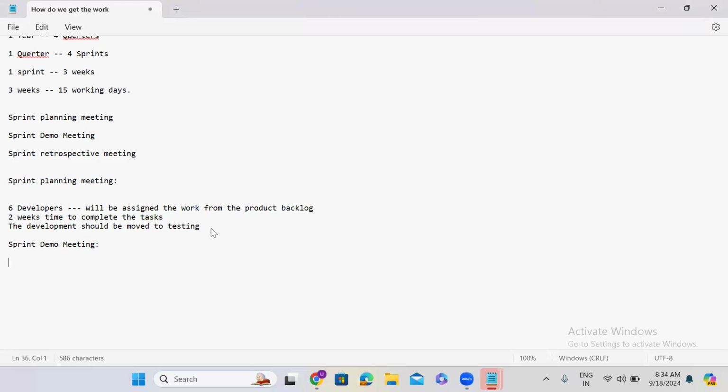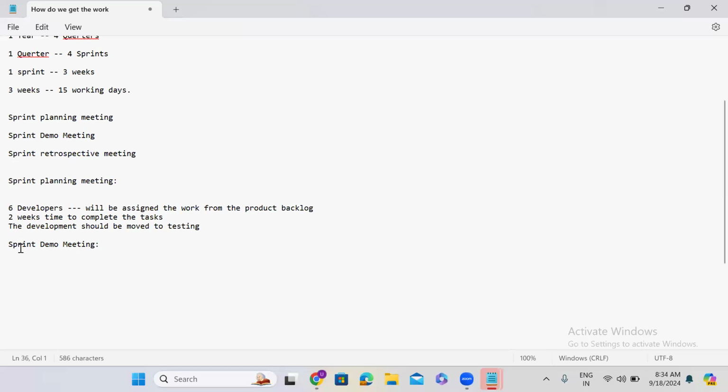In this sprint demo meeting, every developer shows what he has done. What the developer has done so far should be shown to the clients, guys. So remember this point. Whatever the developer has done, the development should be shown to the clients.